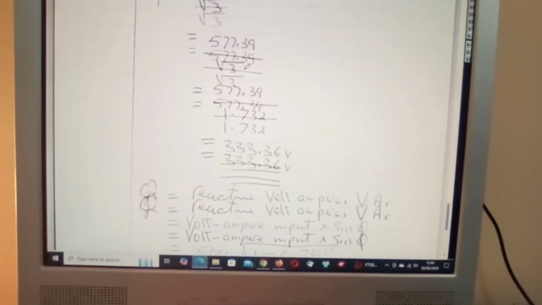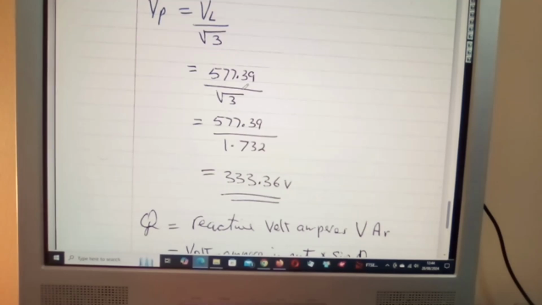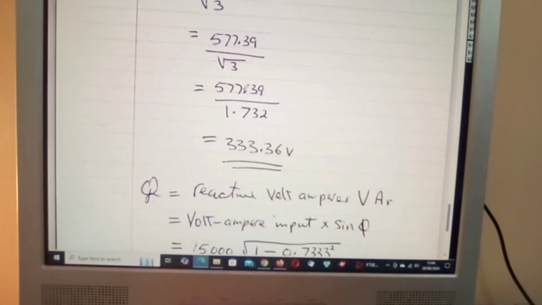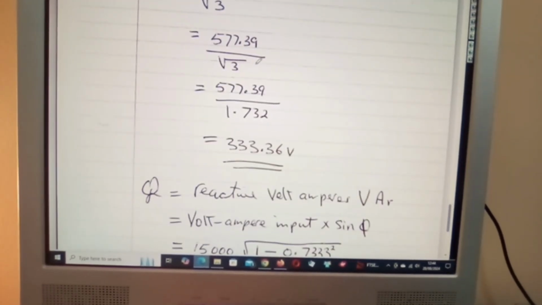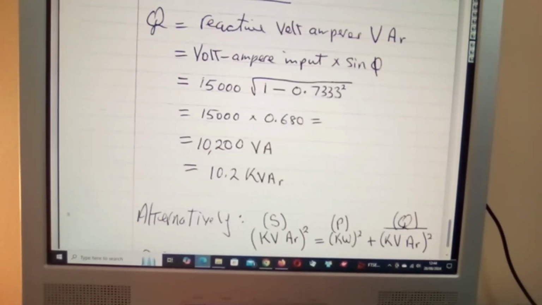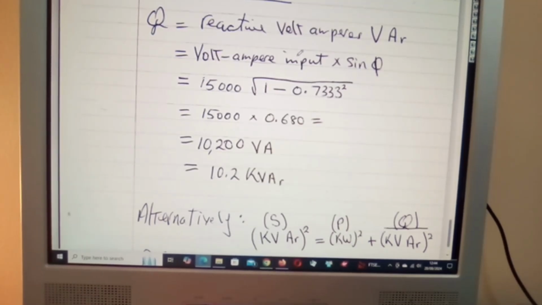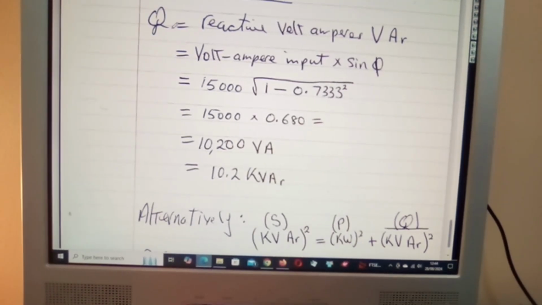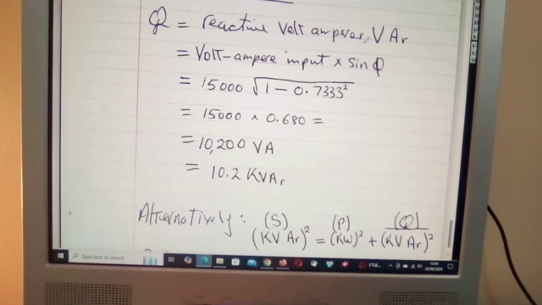And here we're looking at voltage phase. I don't need to do much talking now because you should be familiar with this. Practice, practice, practice. Now Q equals reactive volt amperes. Reactive volt amperes equal volt amperes input times sine theta.